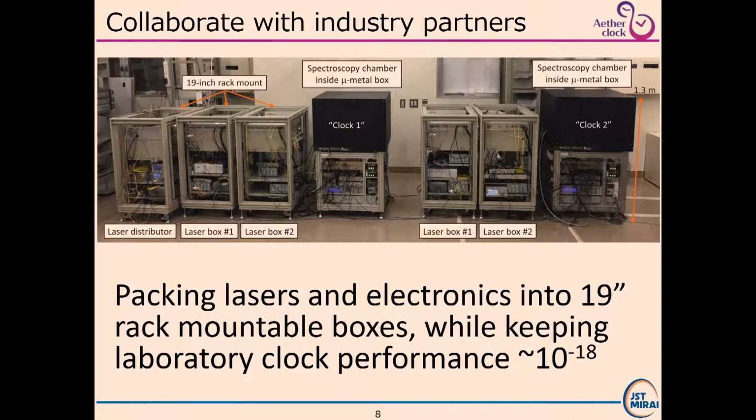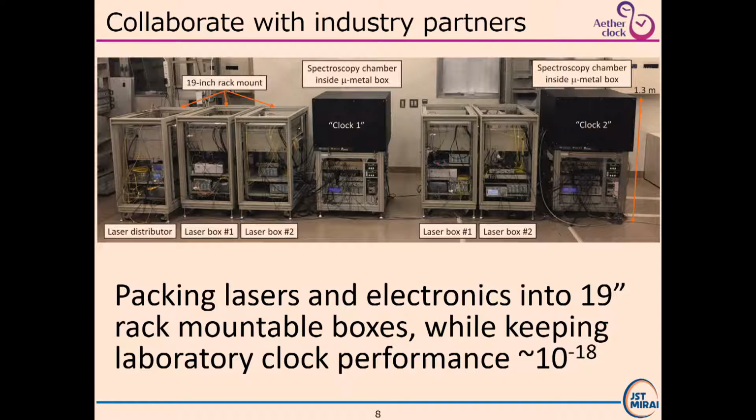So this is a photo of our first generation clock, built with the industry partners. We packed lasers and electronics in the lab into these 19-inch mountable boxes. These two boxes operate this clock, and this is another clock.